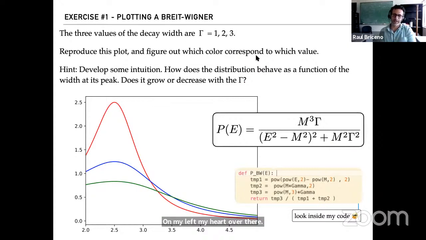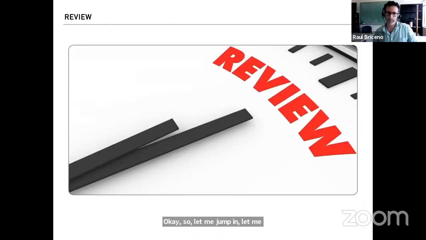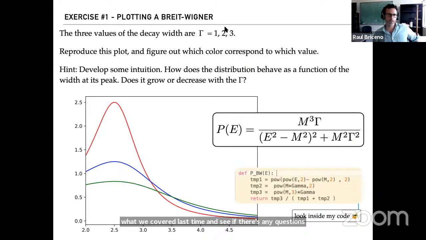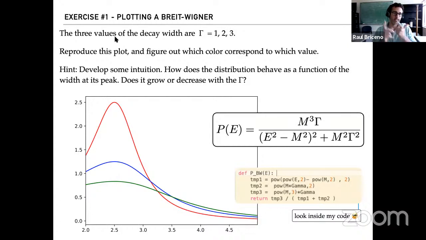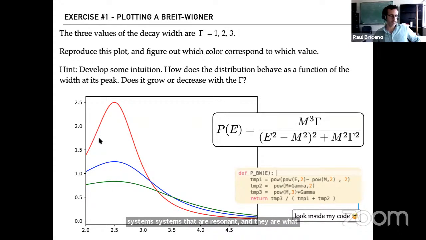Okay, so let me jump in. Let me start with a review of what we covered last time and see if there are any questions about that. We left you with a set of exercises where we introduced Breit-Wigner distributions, right? These are energy-dependent distributions, very common in particle physics, used for describing resonant systems, and they are what is used for hunting particles in many cases.